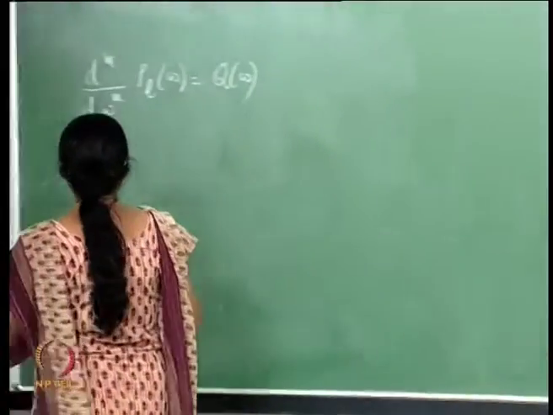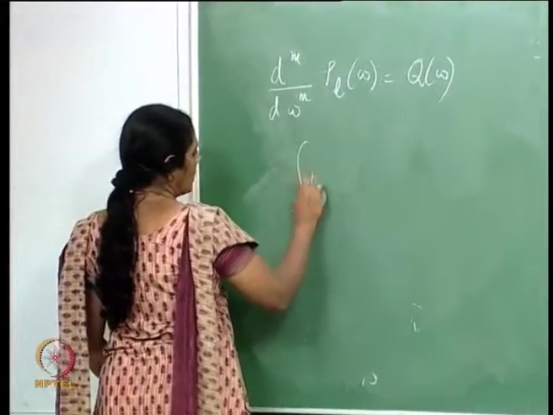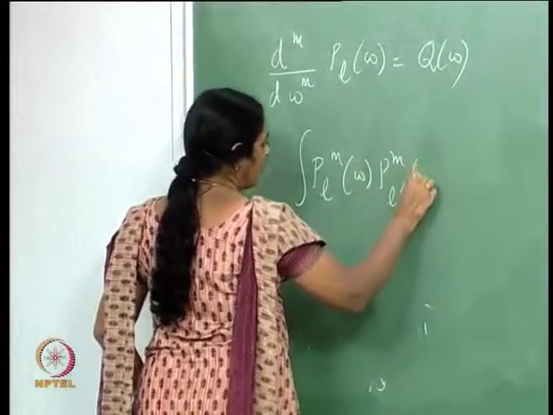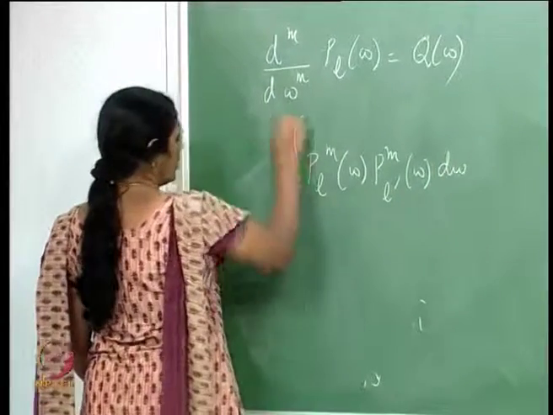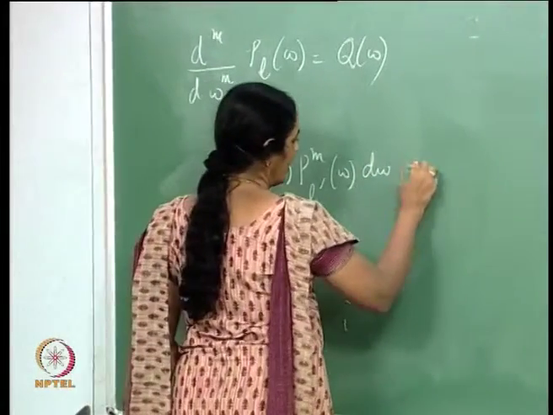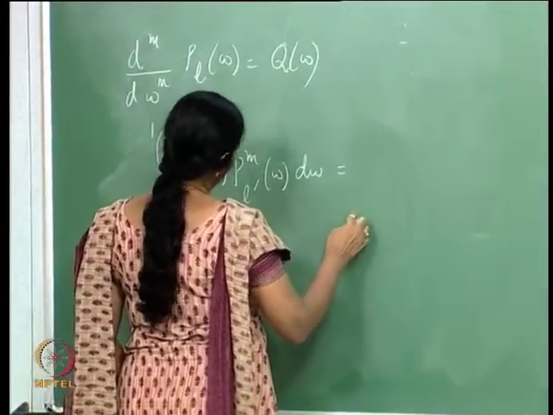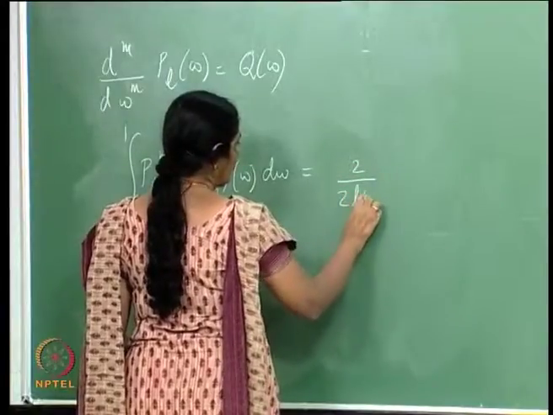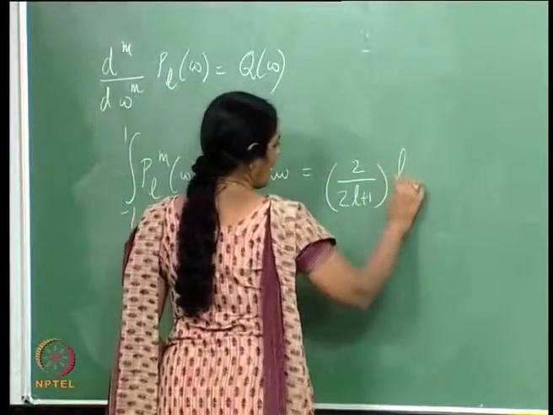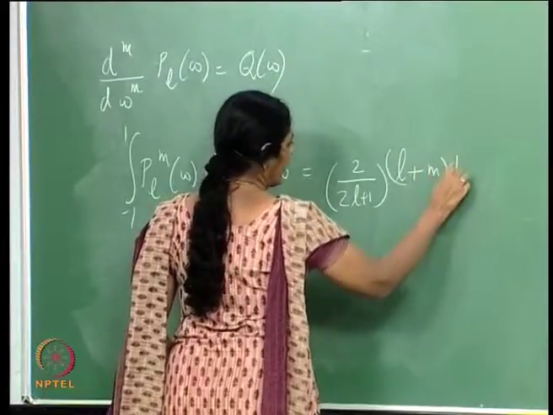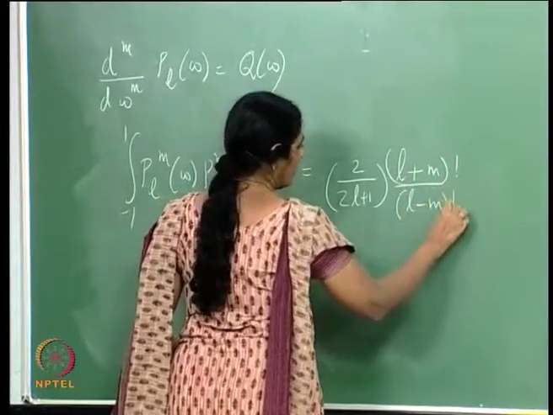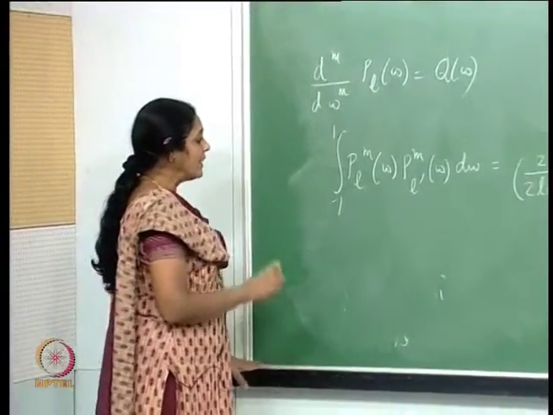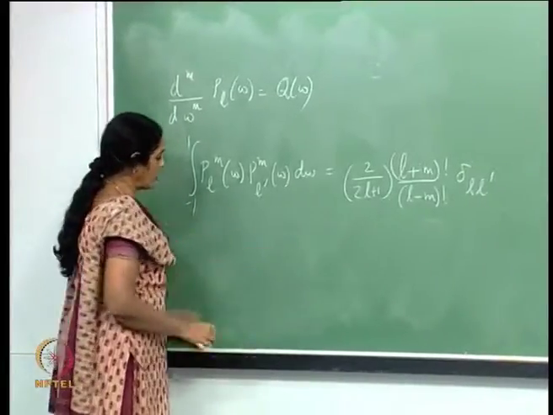But these polynomials have a normalization property which says the integral of P L m of w, P L prime m of w dw, remember, w goes from minus 1 to 1, is not delta L L prime. It is 2 by 2L plus 1, L plus m factorial by L minus m factorial, delta L L prime. And therefore, what I need are orthonormal functions.